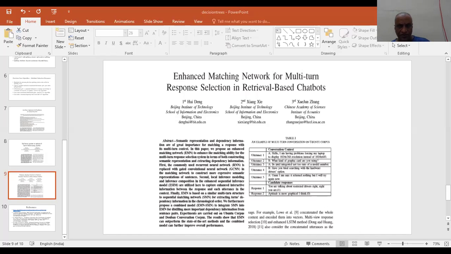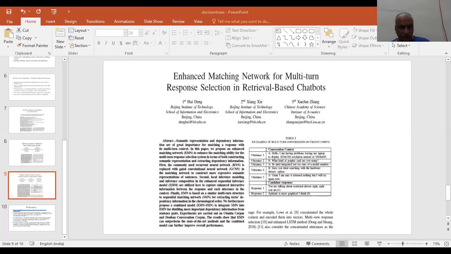For example, this is one paper which uses non-binary approaches for classification of amyloid brain PET. Here again, it uses decision trees. And there is one more paper based on decision trees for chatbots.